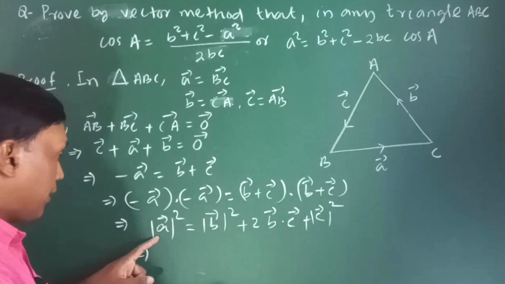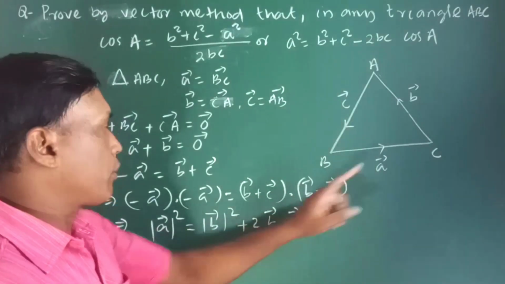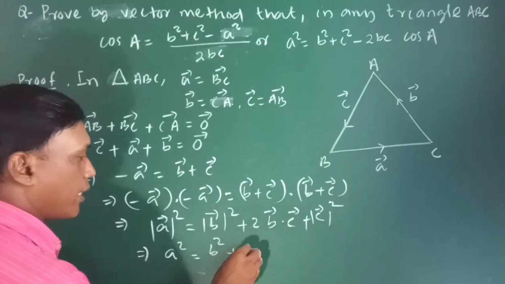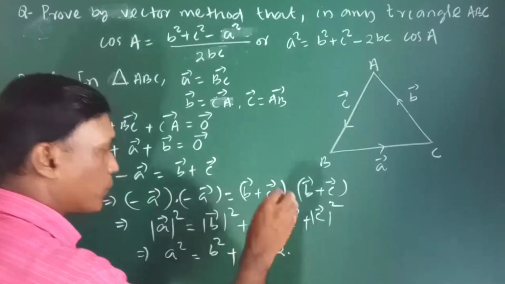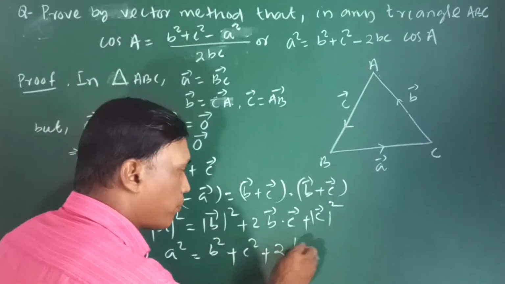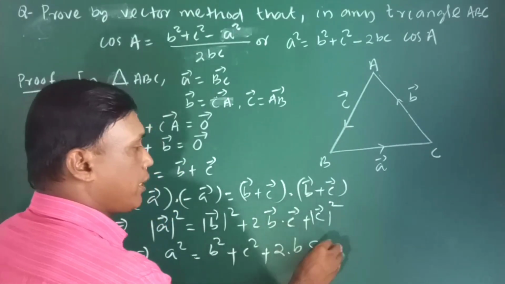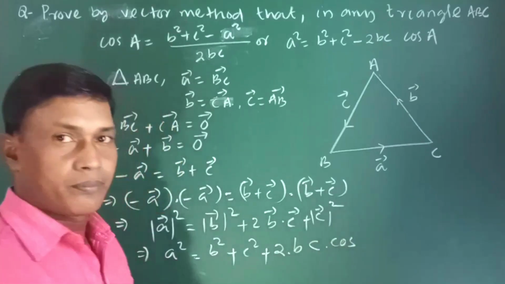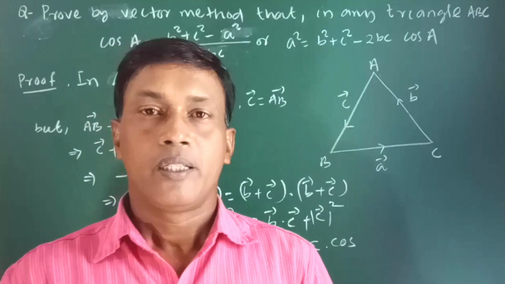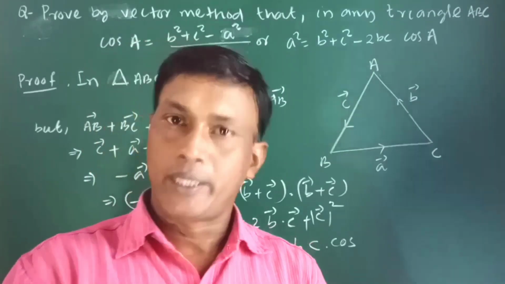And the magnitude of vector a squared is a square, so we get b square and c square plus 2 b dot c. The dot product is the magnitude of b into the magnitude of c into the cosine of the angle between them.